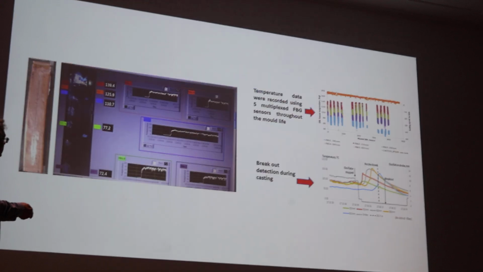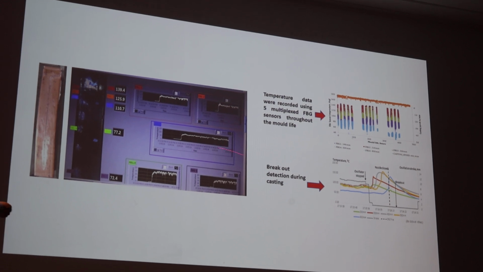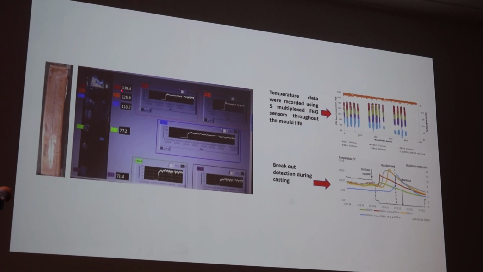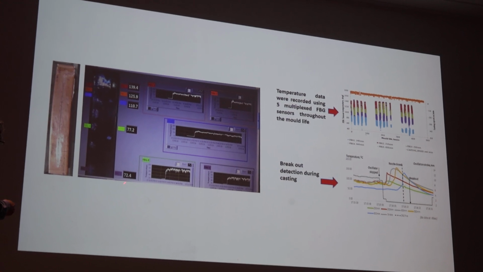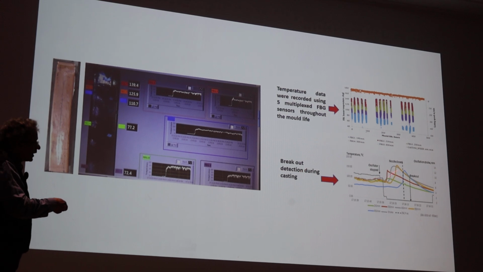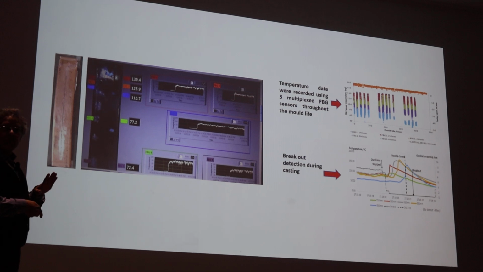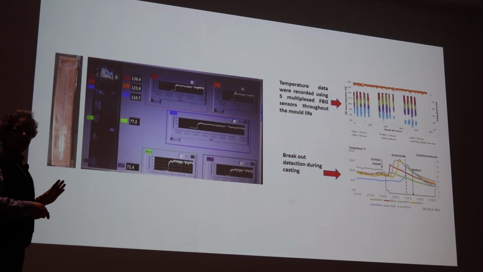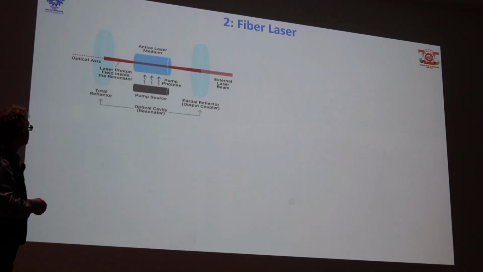The vibration check was done, and finally when we started pouring the material, we saw a measurement of temperature in real time, and there is a clear gradient. So they could find the breakout whenever there was a temperature gradient which doesn't match their requirement. So it has been successfully done, and we are proceeding ahead with its commercial development.